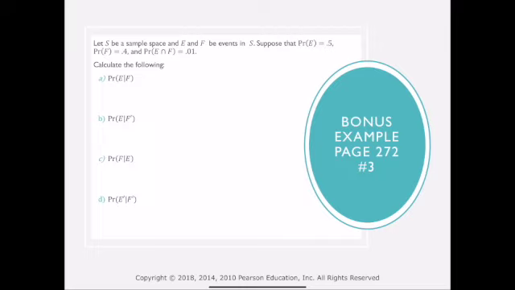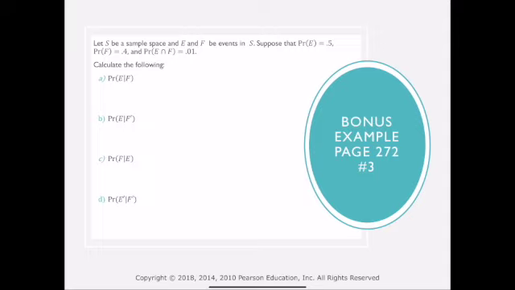Next, let S be a sample space, and E and F are events in that sample space. Suppose the probability of E is 0.5, the probability of F is 0.4, and the probability of E intersect F is 0.1.